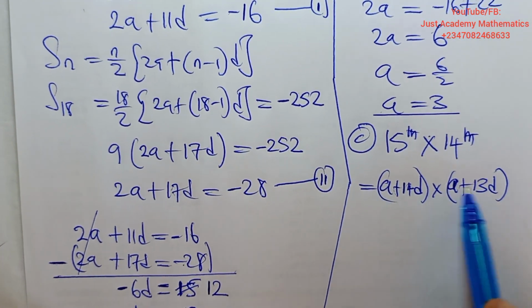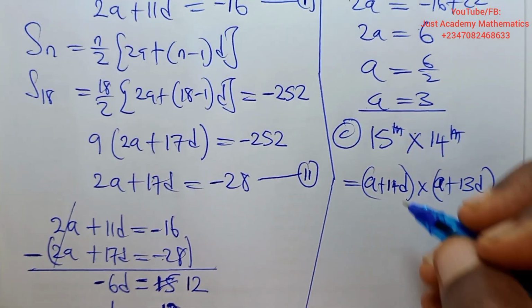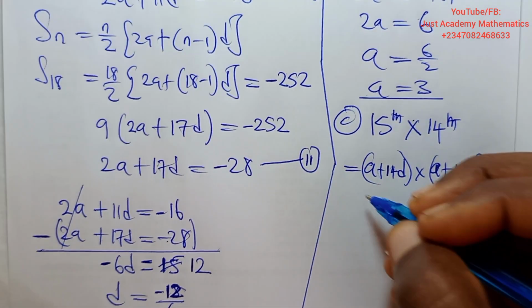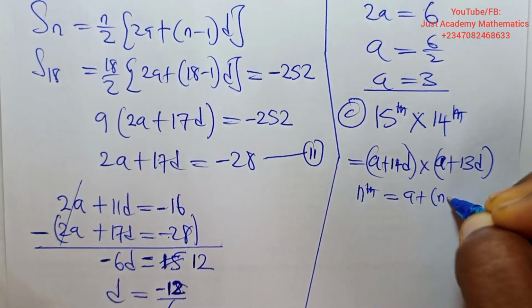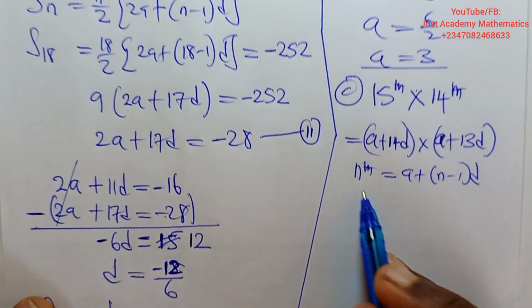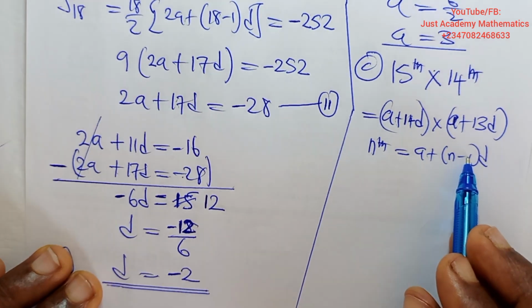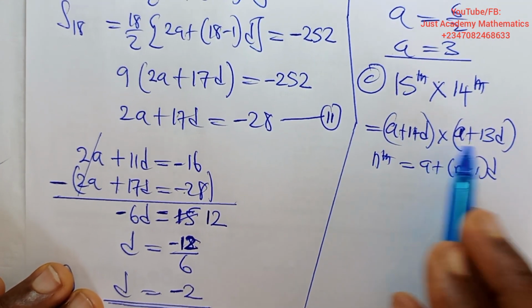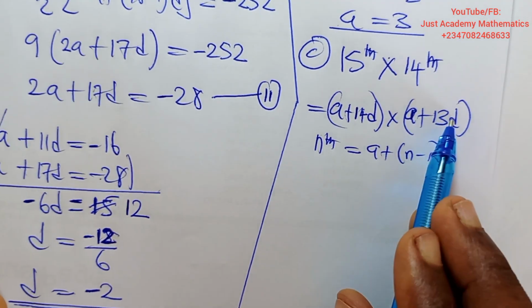What do I mean? The nth term of an AP is a plus n minus 1 times d. So if you're looking for the 15th, 15 minus 1 is 14, 14 times d. If you're looking for the 14th term, 14 minus 1 is 13, 13 times d.